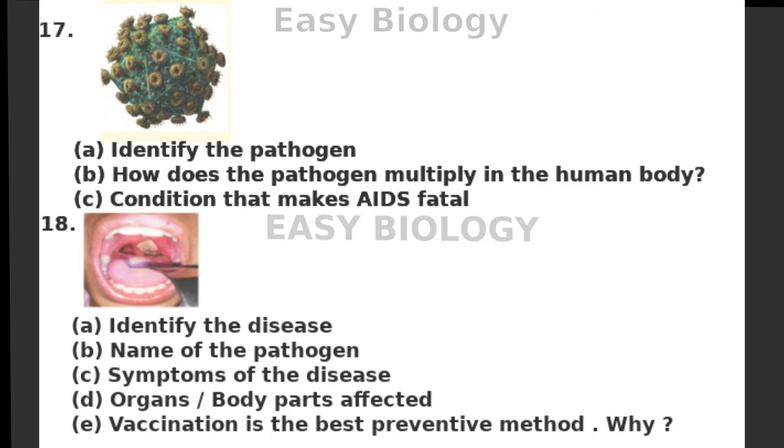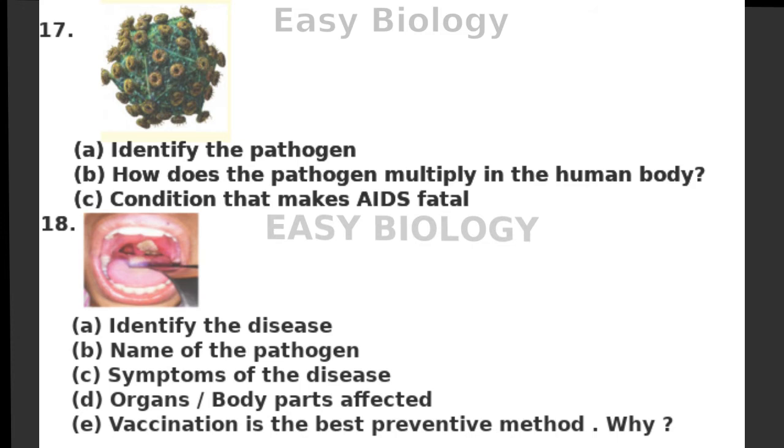How does the pathogen multiply in the human body? Answer. HIV enters the body and multiplies using the genetic mechanism of lymphocytes.